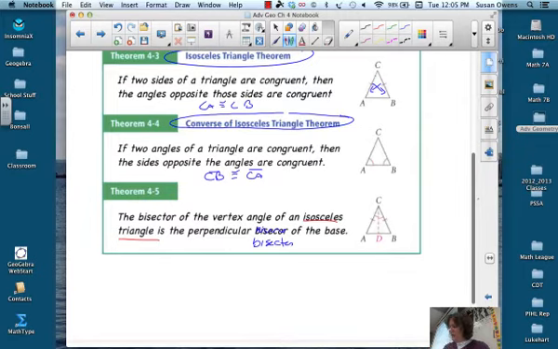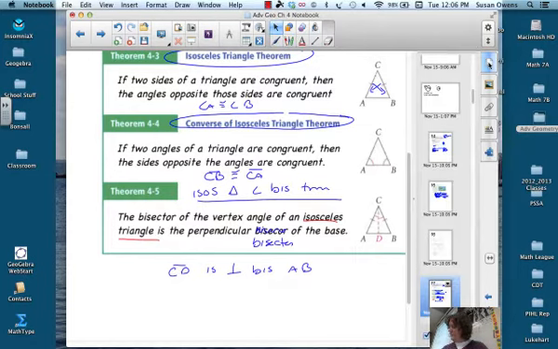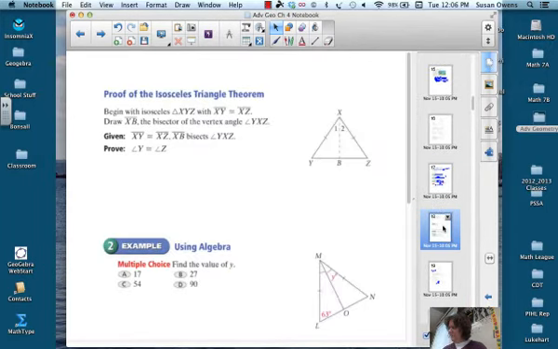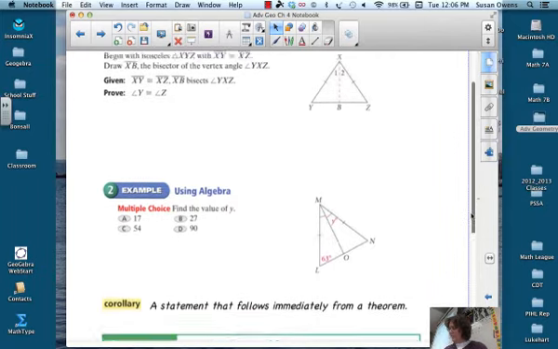So this one can end with CD is the perpendicular bisector of AB. This one I like to call the isosceles triangle angle bisector theorem. And we are going to prove the isosceles triangle theorem, and so we'll do that one in class.